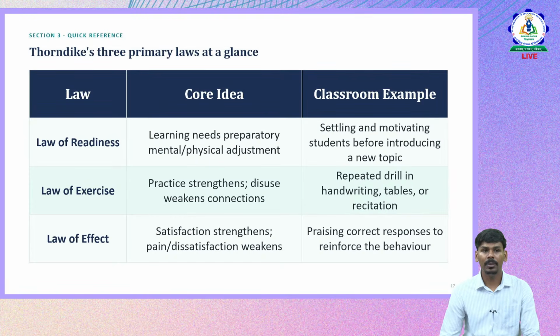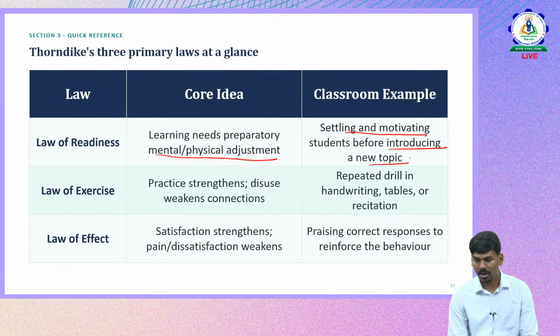So let us summarize or take a quick glance at what Thorndike has talked about. Law of readiness says that learning needs preparatory mental and physical adjustment, that they need to be ready mentally and physically to learn. The classroom example is settling and motivating students before introducing a new topic. Law of exercise states that practice strengthens, disuse weakens connections.